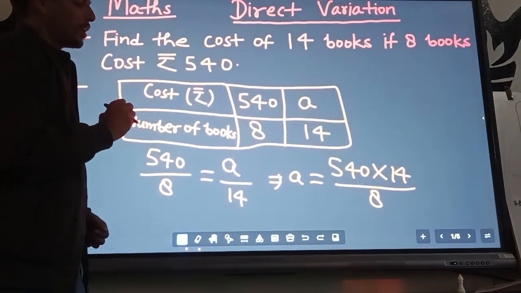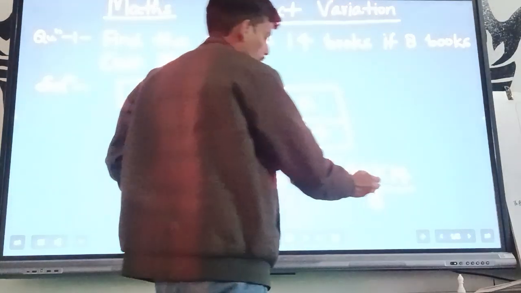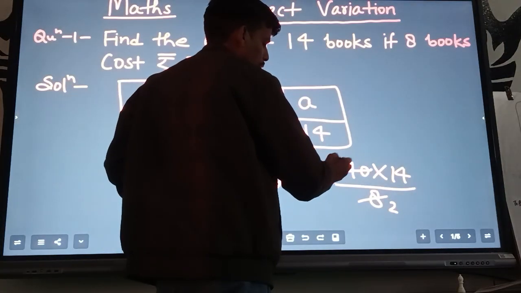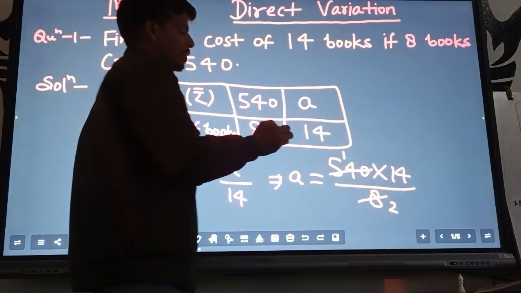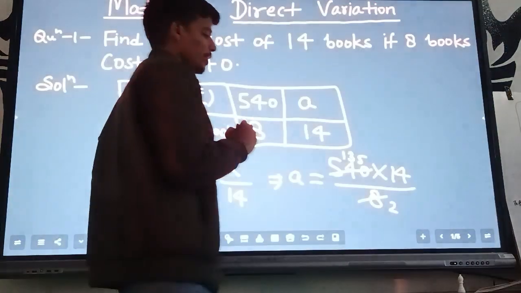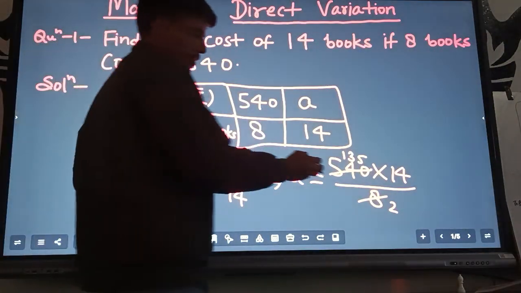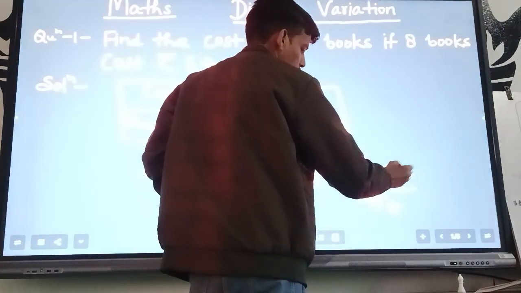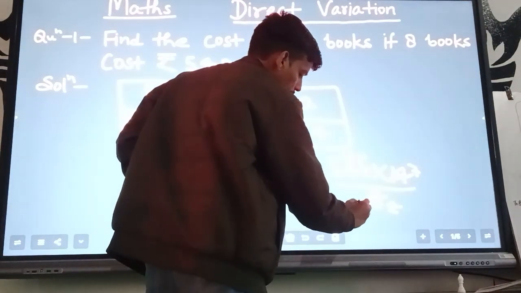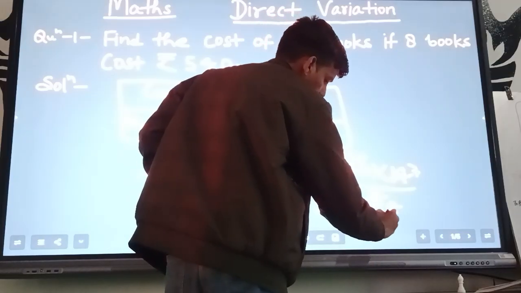Now we divide the number at first by 4. 4 2s are 8 and 4 1s are 4. 14, 4 3s are 12, 20, 4 5s are 20, and 2 7s are 40. So 135 into 7.